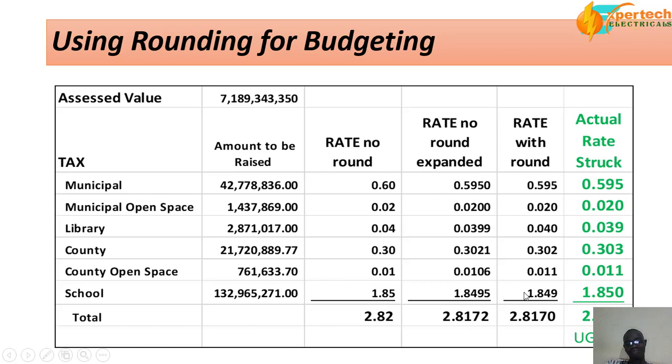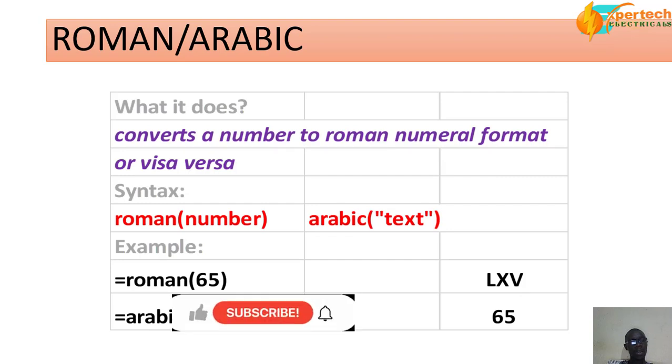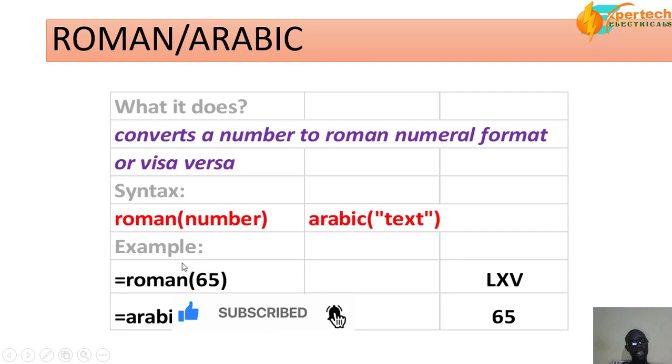Then that is it, guys. We have Roman and Arabic, which converts a number to a Roman numeral format or vice versa. An example of that is Roman 65, which it will convert to this, or Arabic, this will convert to this number.